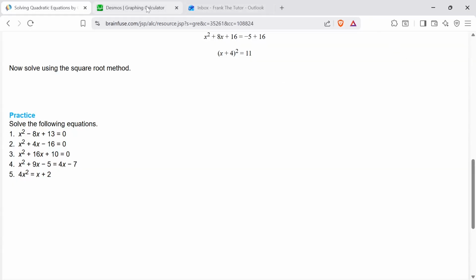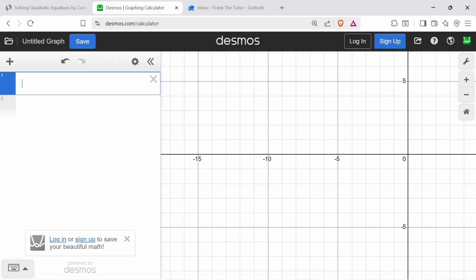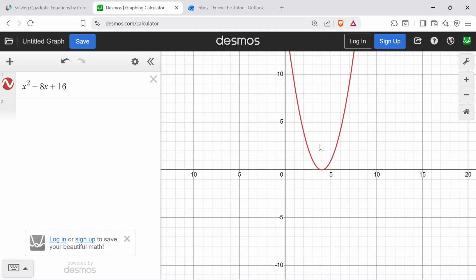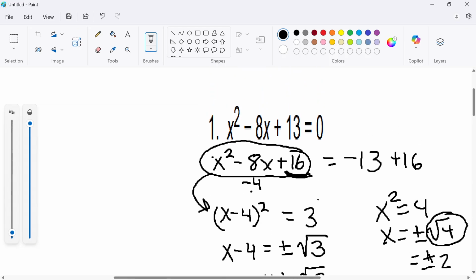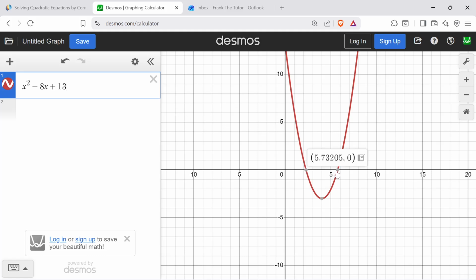Let me see if I can find a Desmos window here. I'm going to do x squared minus 8x plus 13. I see that the roots are 5.73205 and 2.26.